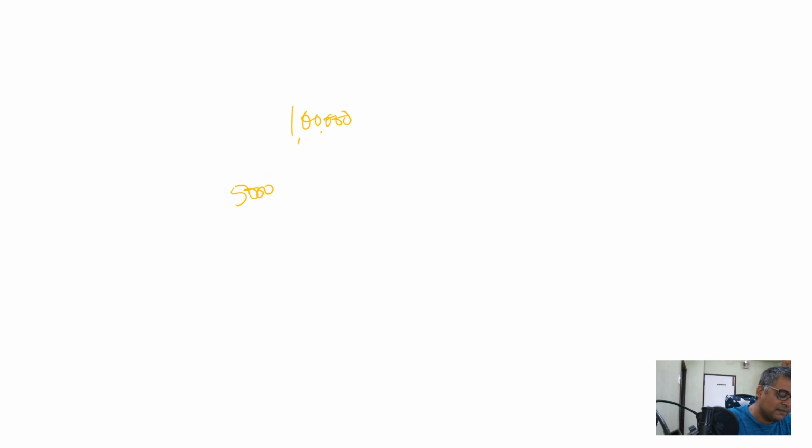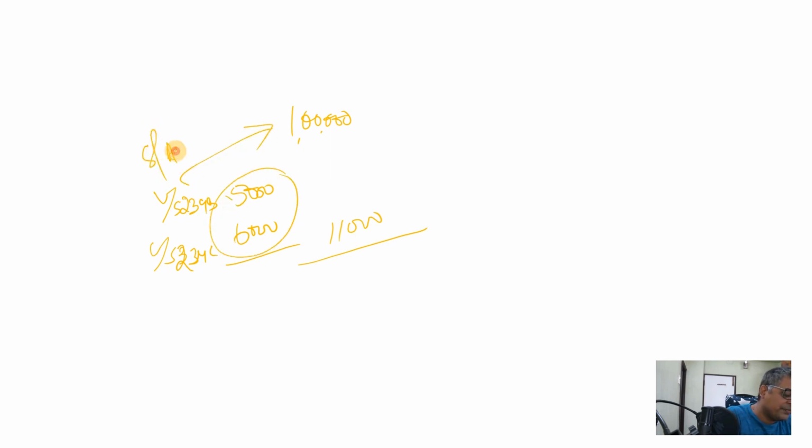This is rough, I am not actually calculating. This is a given figure. Interest under section 234B and under section 234C, you are liable to pay this one. This is as per your self-assessment.